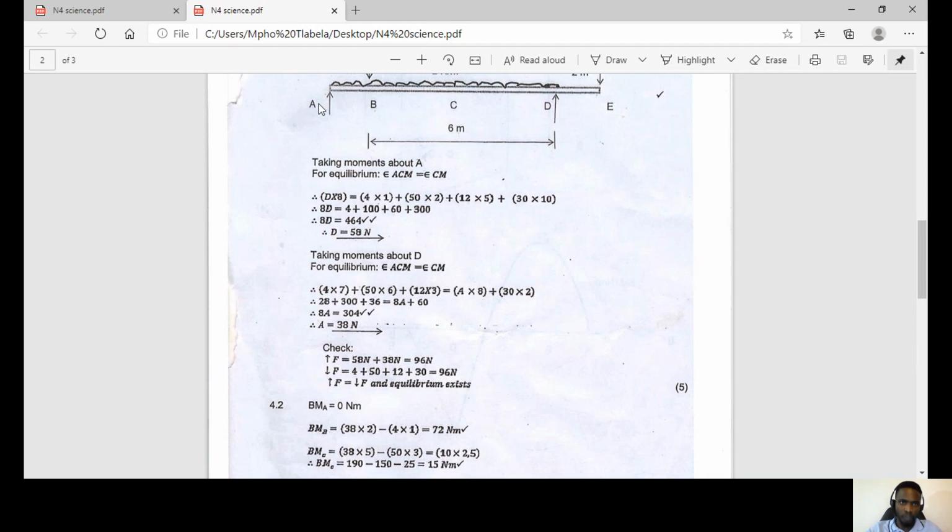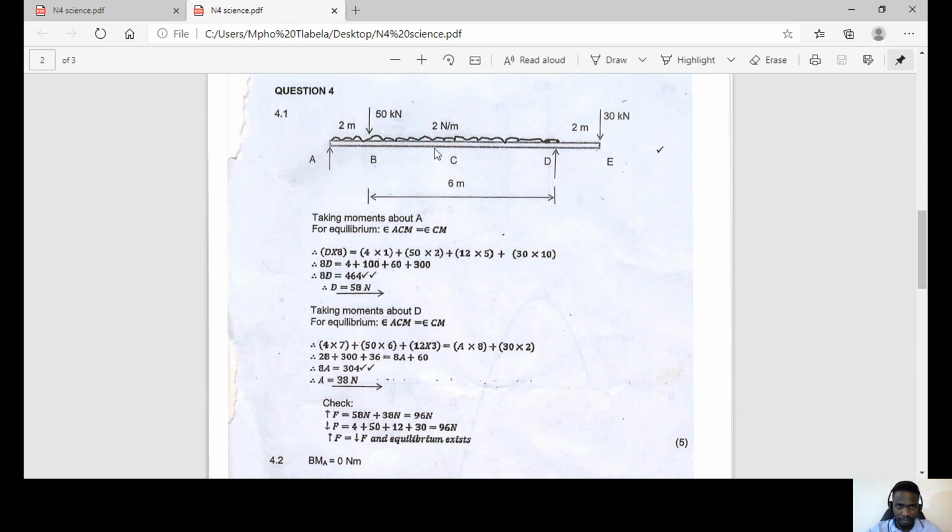The bending moment at D is going to have A, which is 38, pointing up. You multiply by the distance there, which is 8. It's 2 plus 6, then it's 8. Right, then we've got minus 50 multiplied by 6. Then the distributed load is going to be minus the distributed load of 2 multiplied by 8, which is going to give you 16.